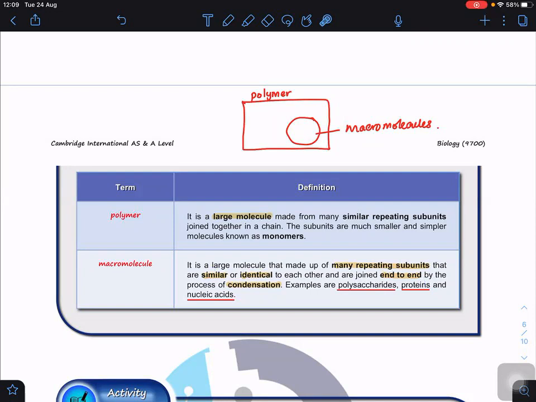In protein, the amino acids are very similar, but we still have different types of amino acid. Nucleic acid, yes, the nucleotides are quite similar. They just differ by their base. Okay. And how to join them? We join them end to end by the process of condensation. Then we qualify them as a macromolecule. Are you clear? Okay.